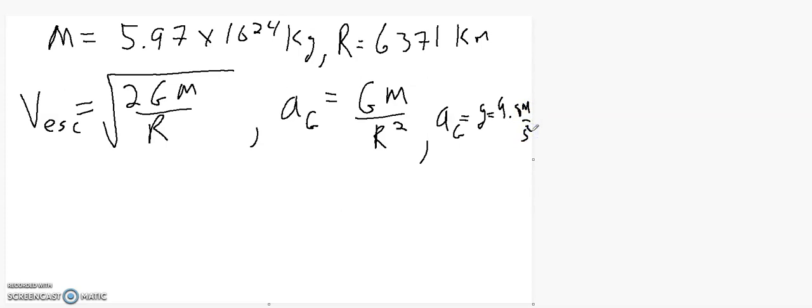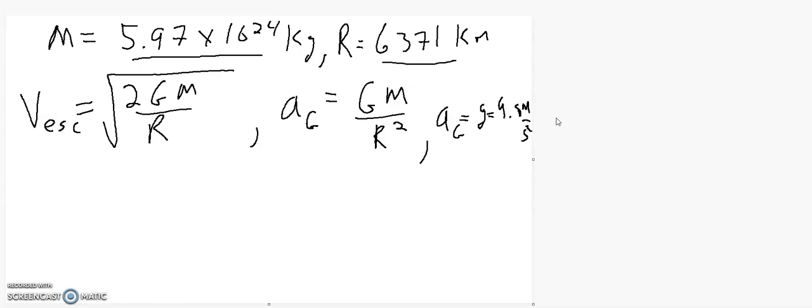We're actually going to prove that right now. We're going to use these two numbers: there's the radius and the mass of our planet Earth. Let's calculate the escape velocity, which is about 11,500 meters per second, something like that.